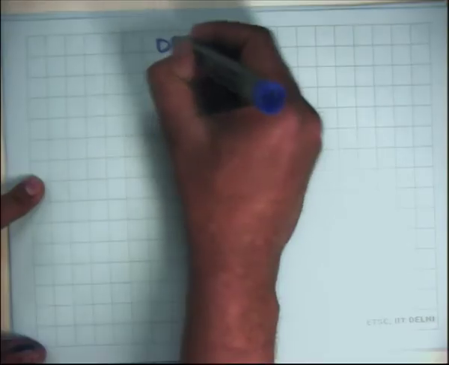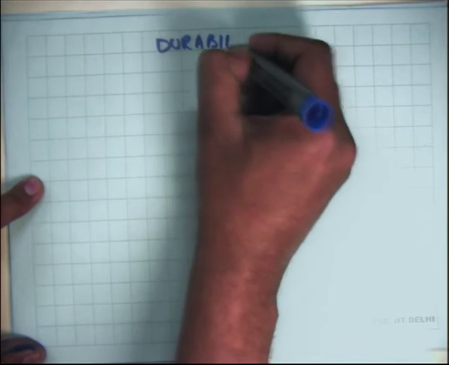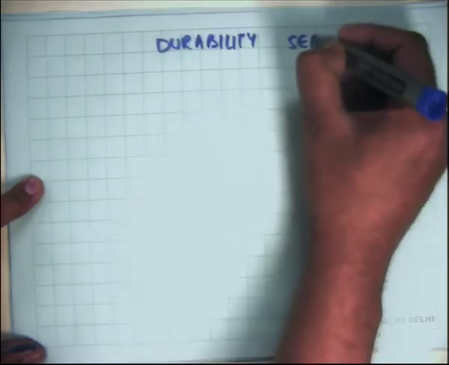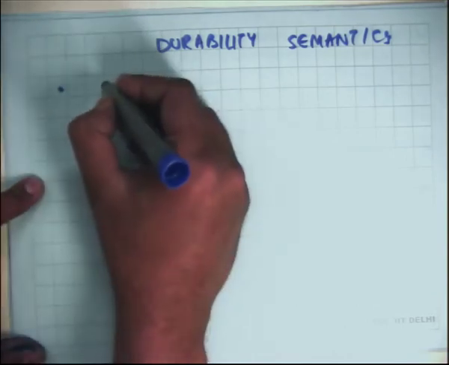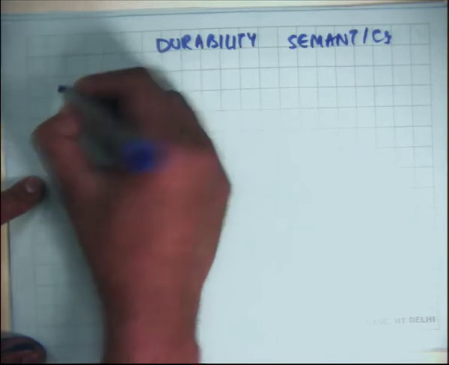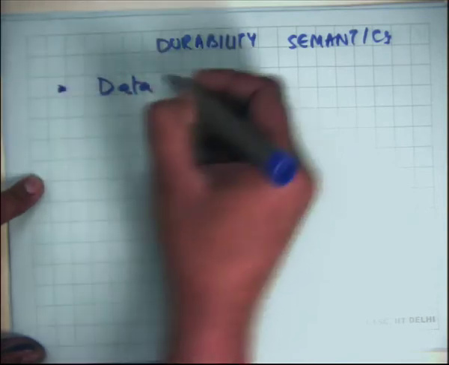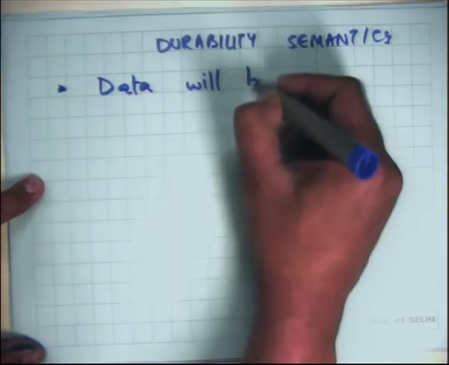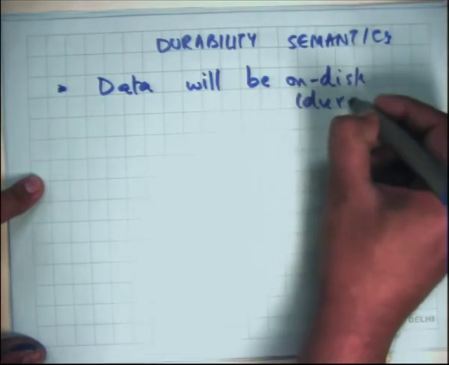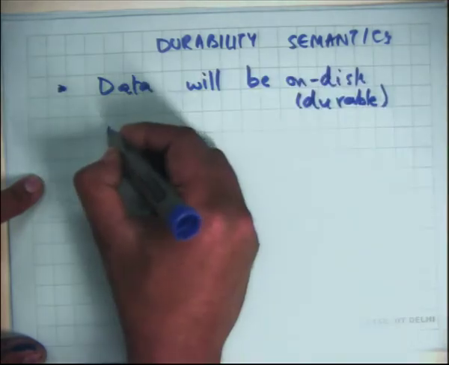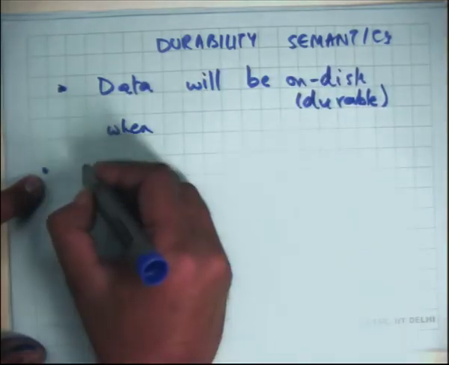So let's say durability semantics. One is that data will be on disk, or durable, when write returns.